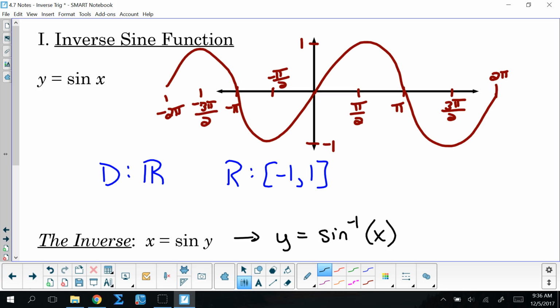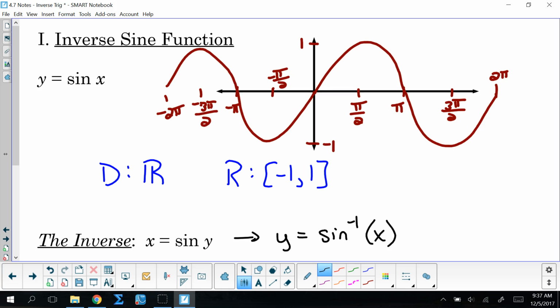So if I'm looking at my sine graph, what's the first thing I'm going to do to make my inverse sine graph? I'm going to switch my x and my y axes, right?